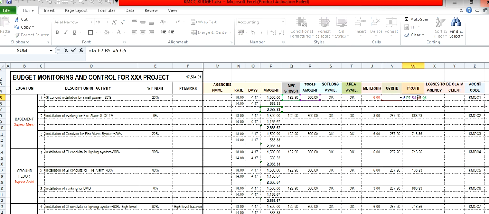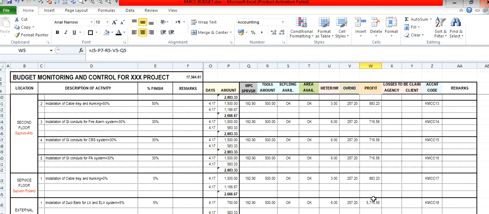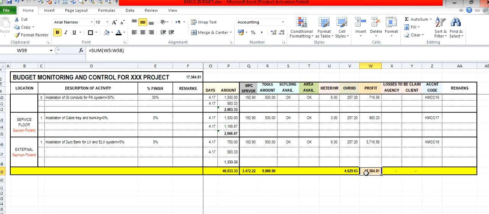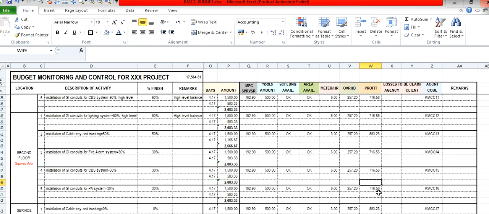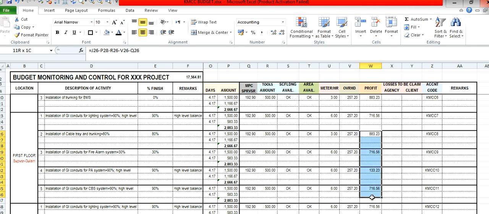So the profit comes to the net profit of the company. But if we have more activities, definitely we have this much. We have activities in the external, in the service floor, and in the second floor. We have 4 activities on the second floor, and we have 3 activities on the second floor.